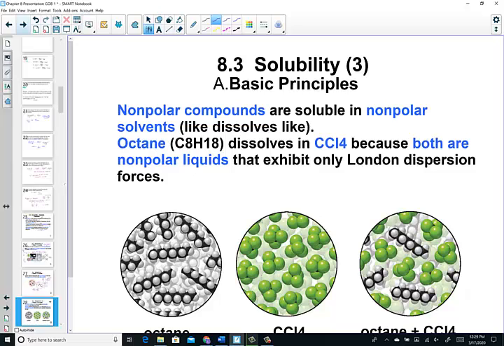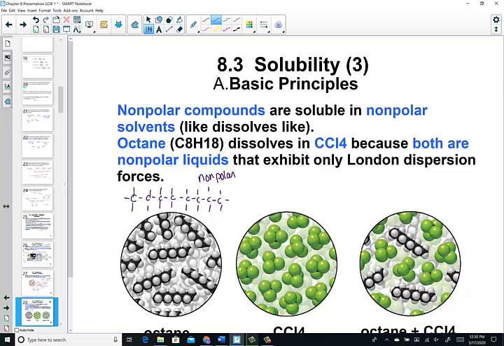Likes dissolve likes. Octane, which is a long, boring molecule, 8 carbons in a row, 1, 2, 3, 4, 5, 6, 7, 8. All of these hydrogens fill up the requirement of 4 bonds for the carbon chain. So C8H18, a long carbon chain. This is a nonpolar molecule.